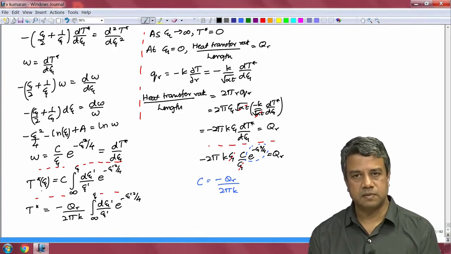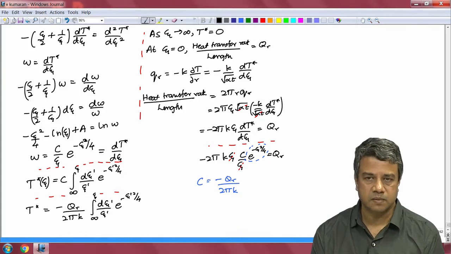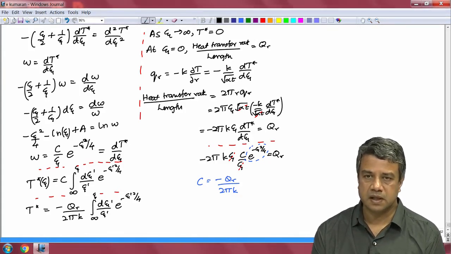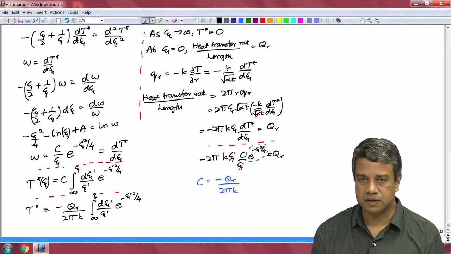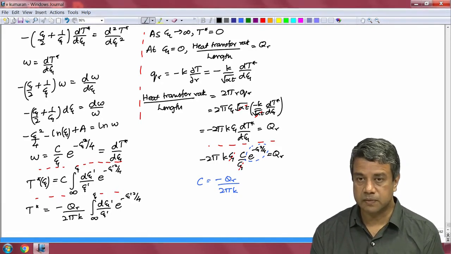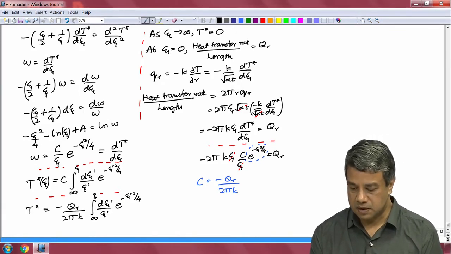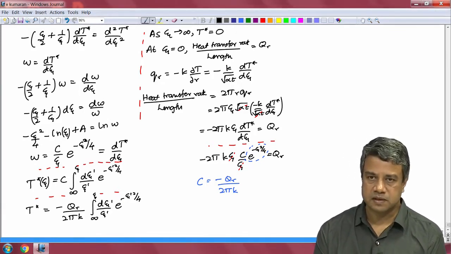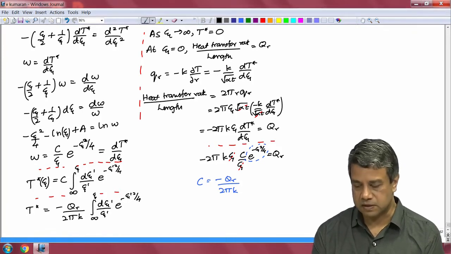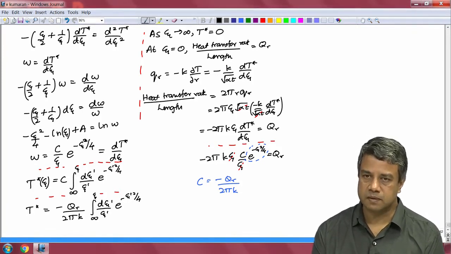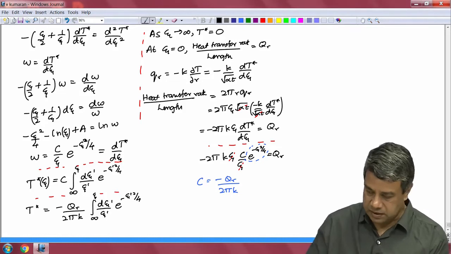The lower limit should be fixed in such a way that it satisfies the boundary condition at some boundary. We do not have the temperature at psi equal to 0, we have only the flux. We do have the temperature as psi goes to infinity, that has to be 0. Therefore, if I choose the lower limit as infinity, the result becomes 0 as it should be from the boundary condition as psi goes to infinity.